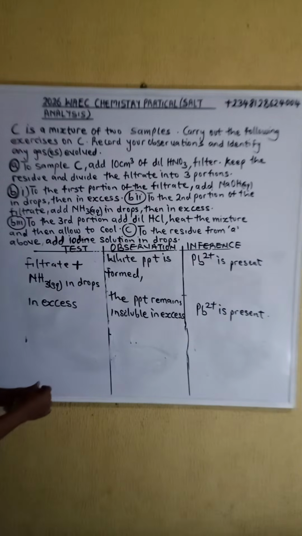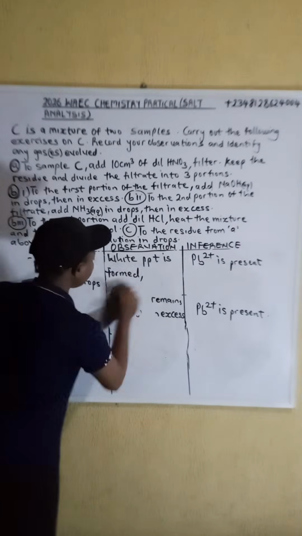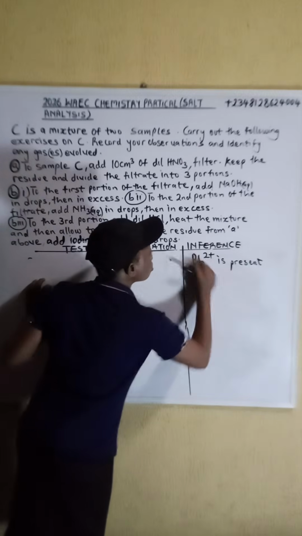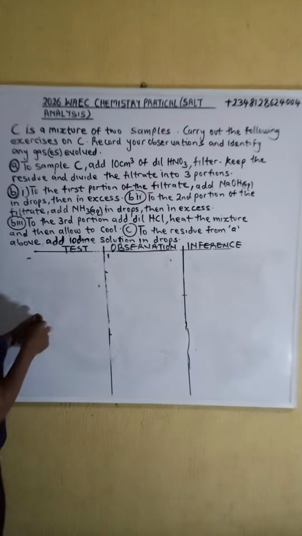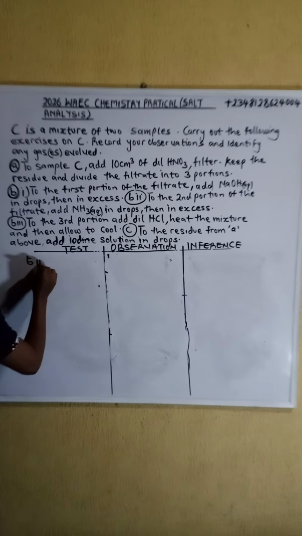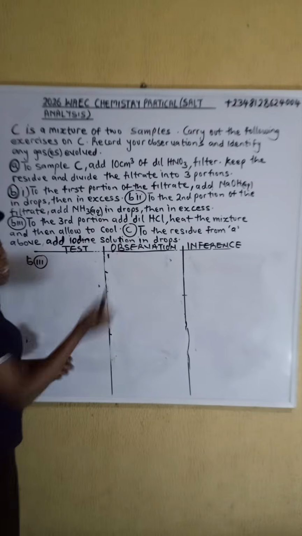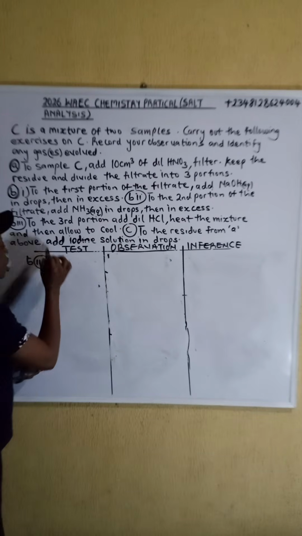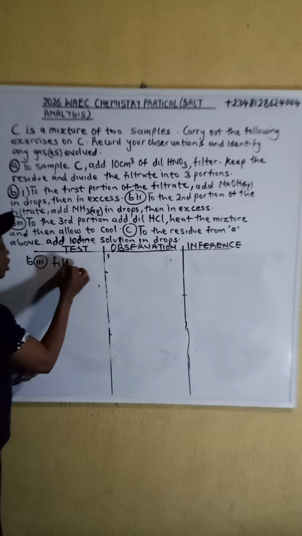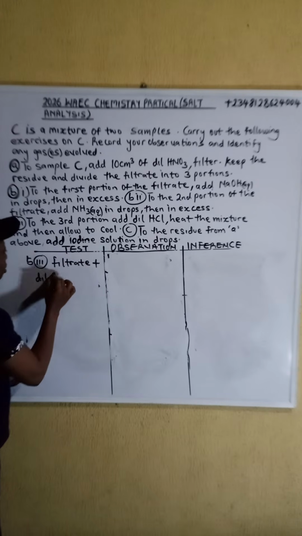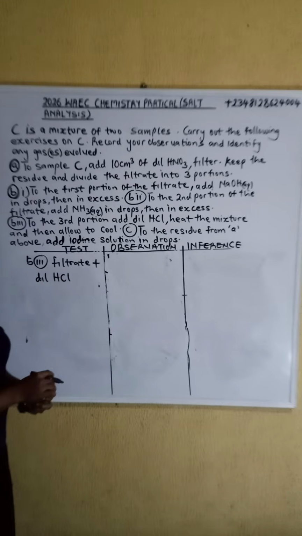So let's move to question B Roman figure 3. So to the third portion of the filtrate, add dilute hydrochloric acid.